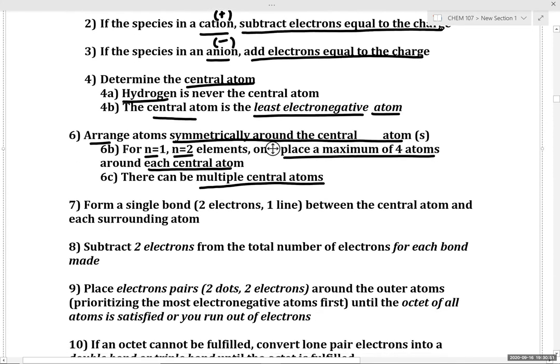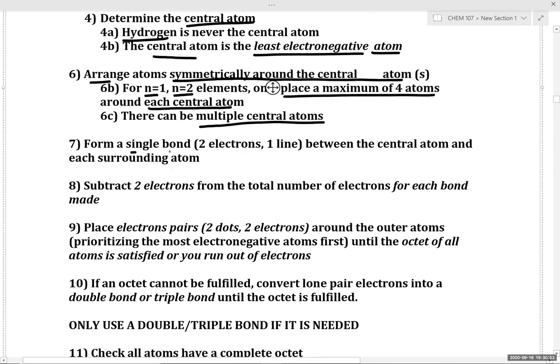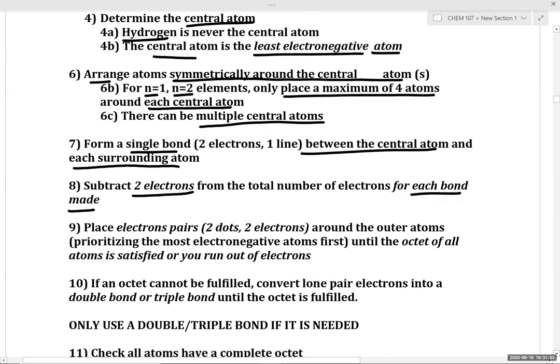Now that we have our skeleton, you form a single bond between the central atom and each surrounding atom. And you subtract 2 electrons from your total for each bond formed. Then you place electron pairs around the outer atoms until the octet of all atoms is satisfied or you run out of electrons.